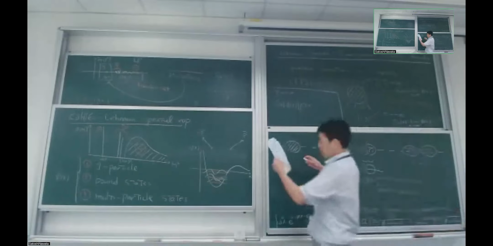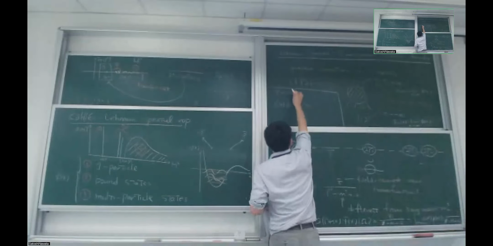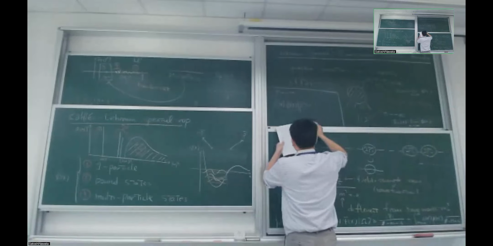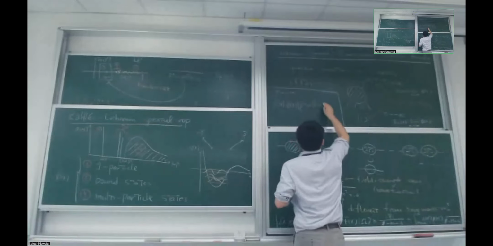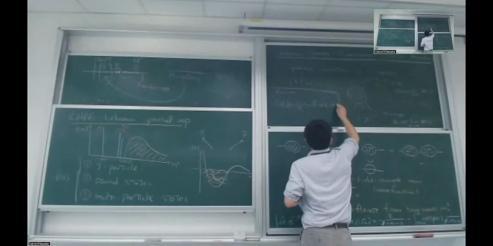So if you consider the past infinity, this can be treated as square root Z alpha phi in of x.